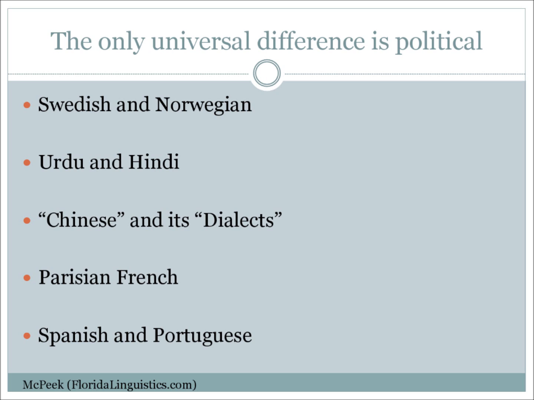Parisian French, what we now consider to be the standard French, provides another interesting example. In the case of Parisian French, it was somewhat arbitrarily designated and historically became the standard French, due primarily to it being the dialect spoken by a particular monarch of France.